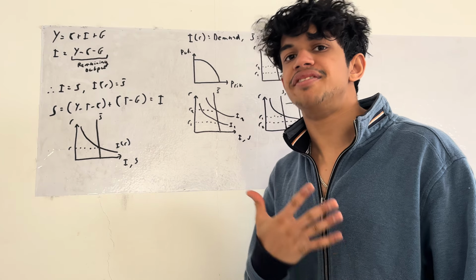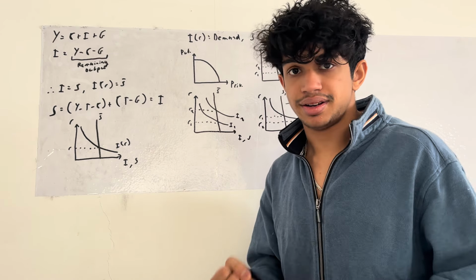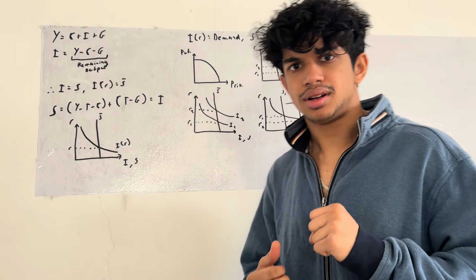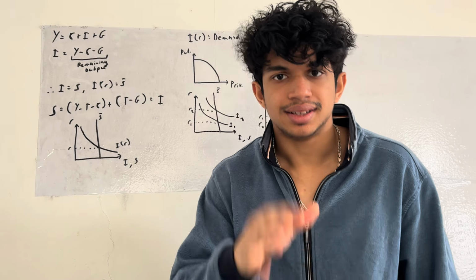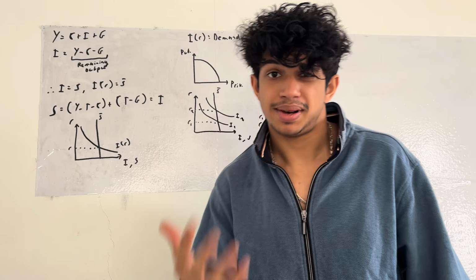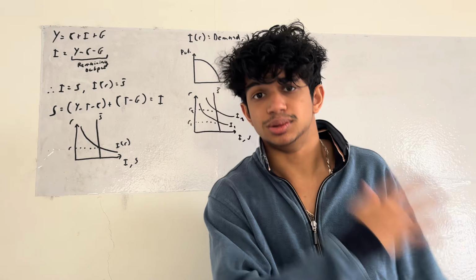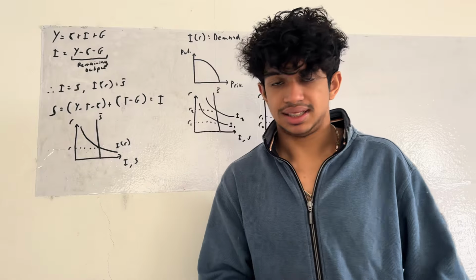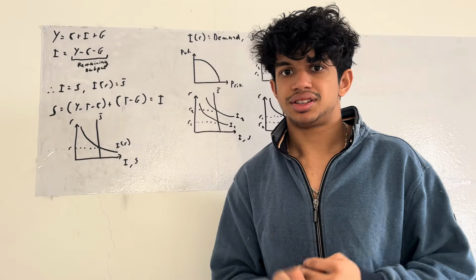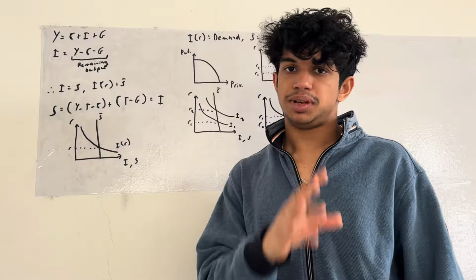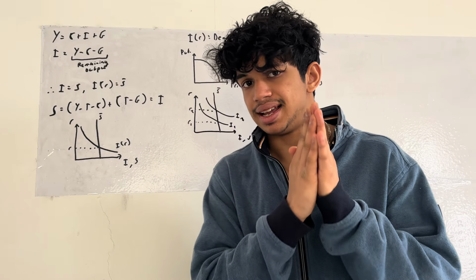Now we talked about investment being the demand. What happens when investment rises? Okay, cool. So we know that the savings is the supply for loanable funds. And because the supply for loanable funds is exogenous, not endogenous, it doesn't really change when investment changes, which means that it's perfectly inelastic, like I said.